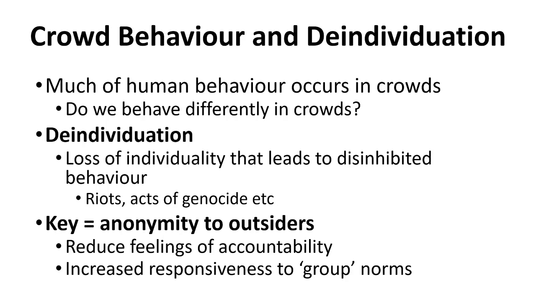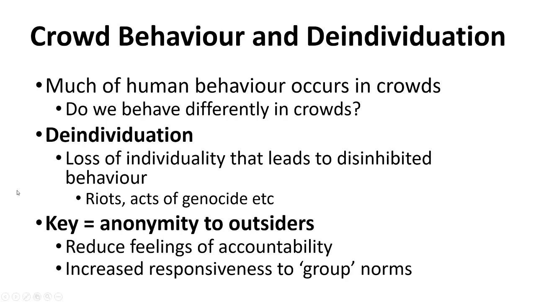So you start thinking as a group as opposed to thinking of yourself as an individual. And so as soon as you start paying less attention to yourself and more attention to the group, it seems to lead to more disinhibited behaviors, where you might go along with a group, encouraging people to commit suicide, take part in riots, or be part of a group that's committing genocide.